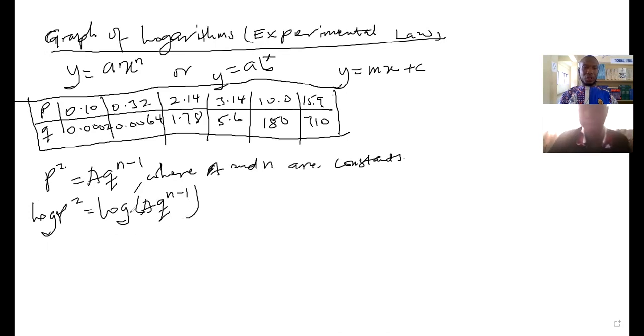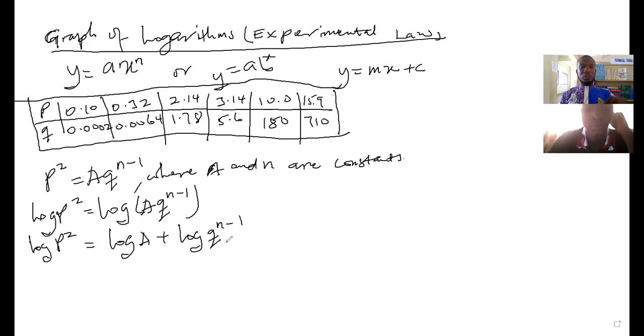Then using the first law, we expand the right hand side to get log P squared equals log A plus log Q exponent n minus 1. Then using the third law, we drop the 2 and the n minus 1 to the back.